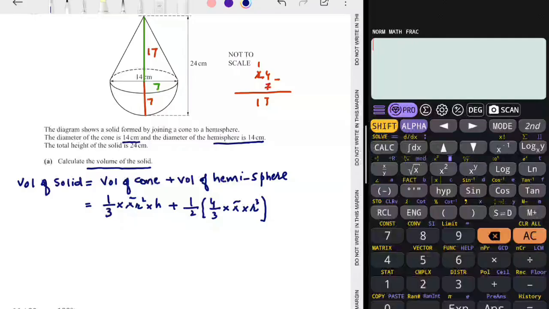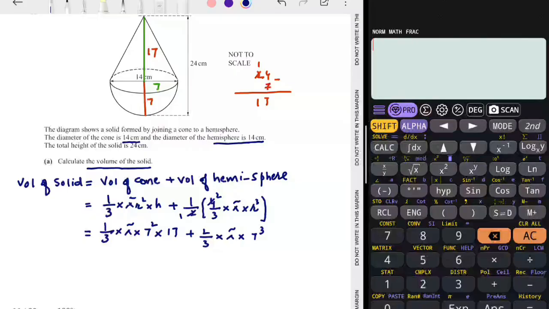So let us substitute values. 1/3 pi, radius is 7 and the height of cone is 17, plus 2/3 multiply by pi multiply by radius, that is 7 cube.